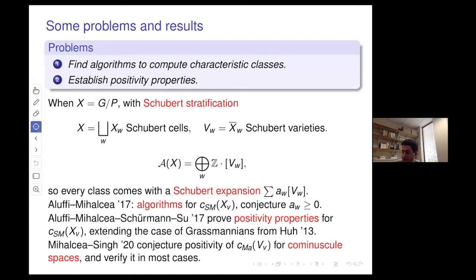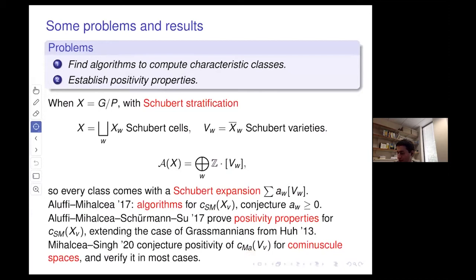And then more recent work of Mihalcea and Singh was to try to understand the Chern-Mather classes. And again, you could look at this in the general situation of arbitrary generalized flag manifolds, but I don't think many results are known in that case.